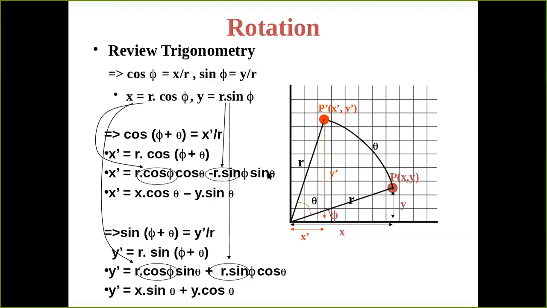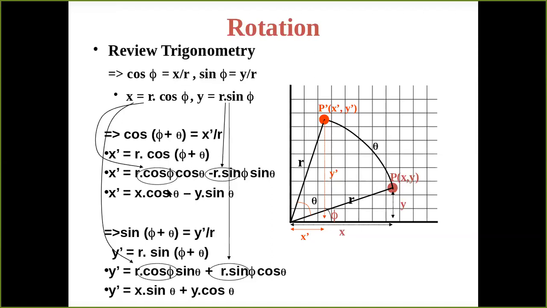Now what you have to do is just expand this formula, cos theta plus phi, cos a plus b. In cos, the two terms are equal, and the minus sign is between different terms. That means cos theta cos phi minus sin theta sin phi.